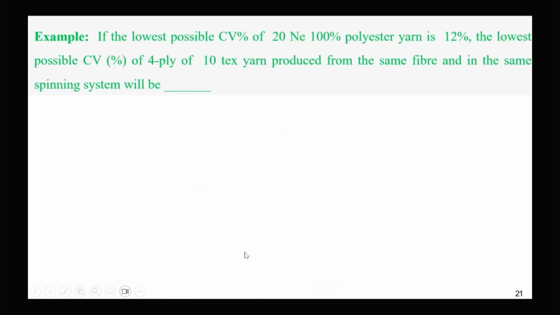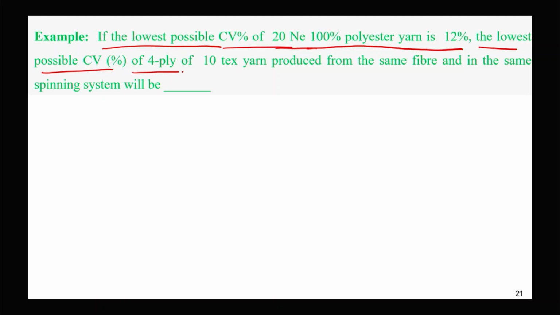Next numerical: if the lowest possible CV% of 20 NE 100% polyester yarn is 12%, then what is the lowest possible CV% of 4-ply 10 tex yarn produced from the same fiber in the same spinning line?